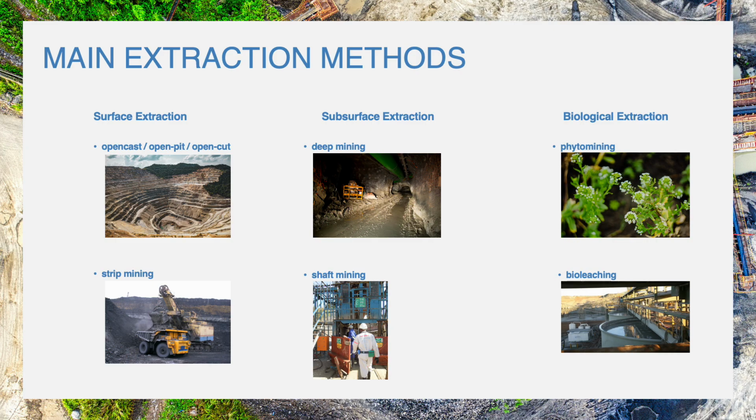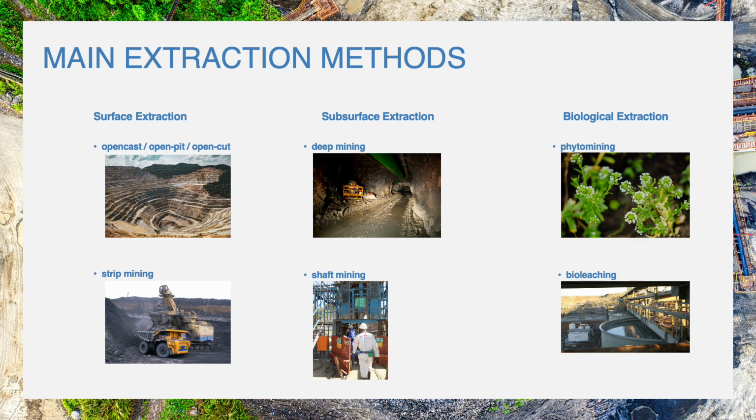The third one, biological extraction. This is where we use living organisms to extract metals from low-grade ores or waste rock. Phytomining is where we use plants. The plants are simply grown in the soil containing the minerals, and they absorb the minerals through their roots.